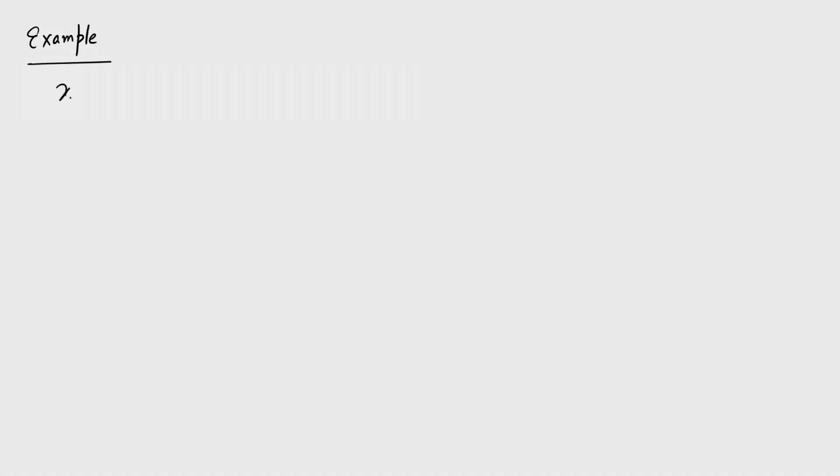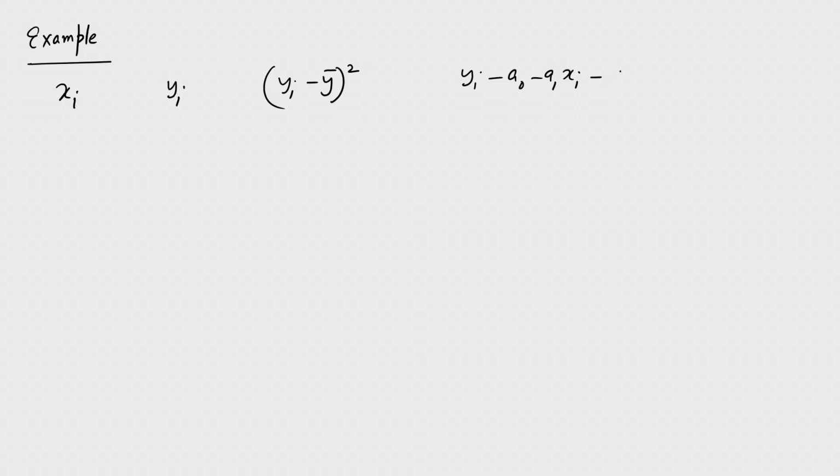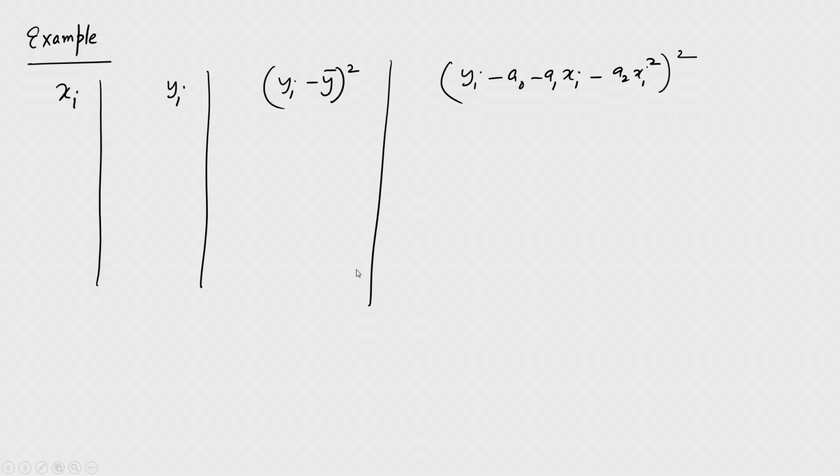So, an example. So, we have x i, we have y i, and we have y i minus a0 minus a1 x i minus a2 x i square and the whole square of that. Then maybe we have just 5 data points.